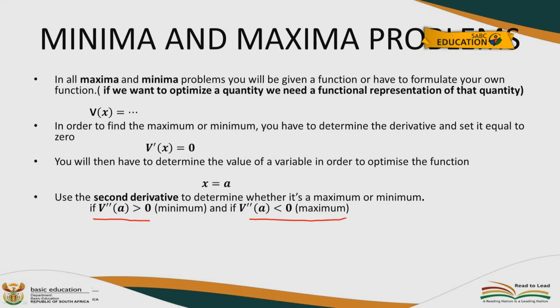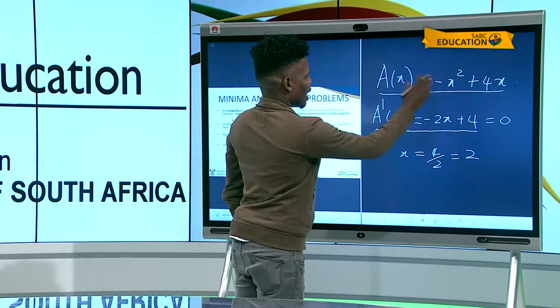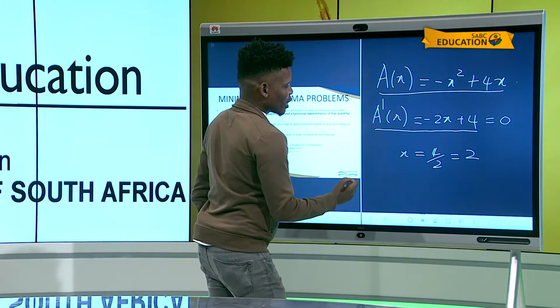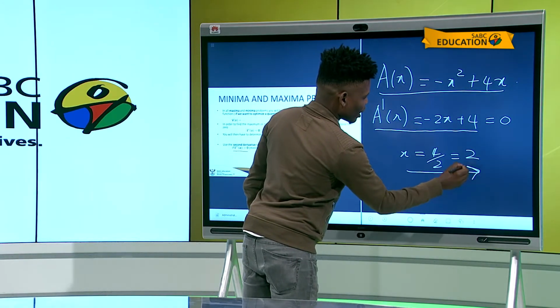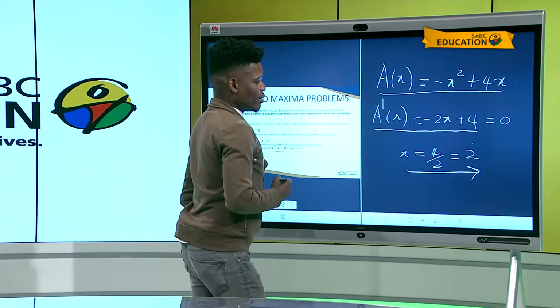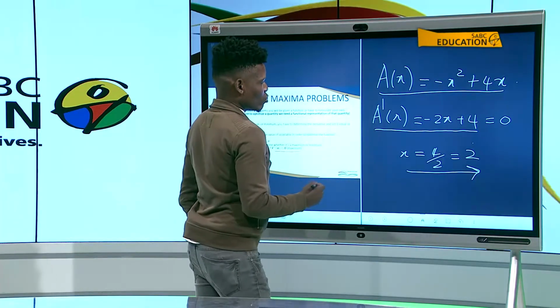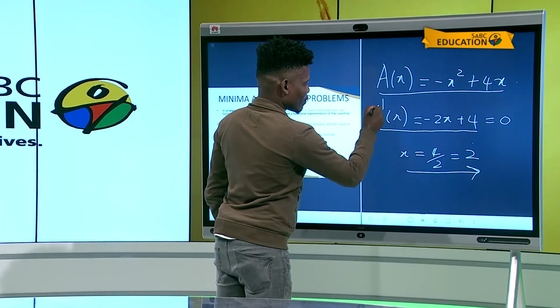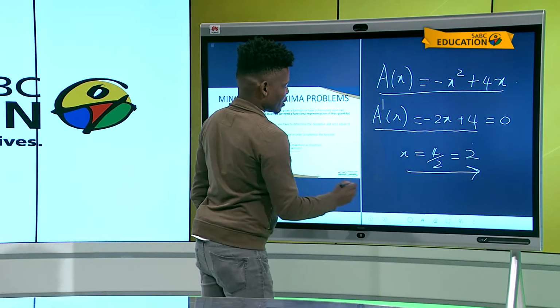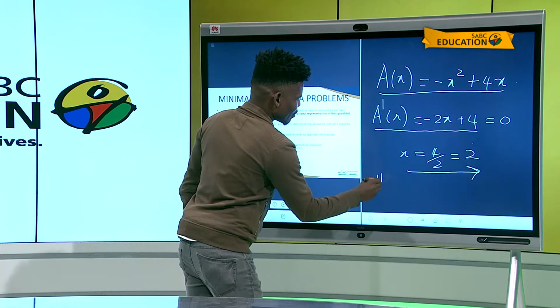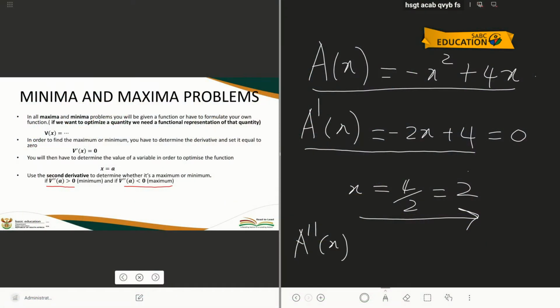Now, if we can go back to the example that we are looking at here. So we found that we either have a minimum or maximum quantity for area at x equal to 2. So what then are we going to do? We are going to take the second derivative of this function. So what do we get? We get negative 2.